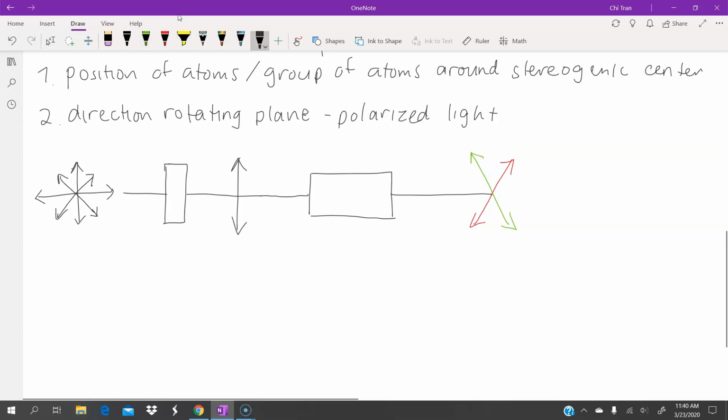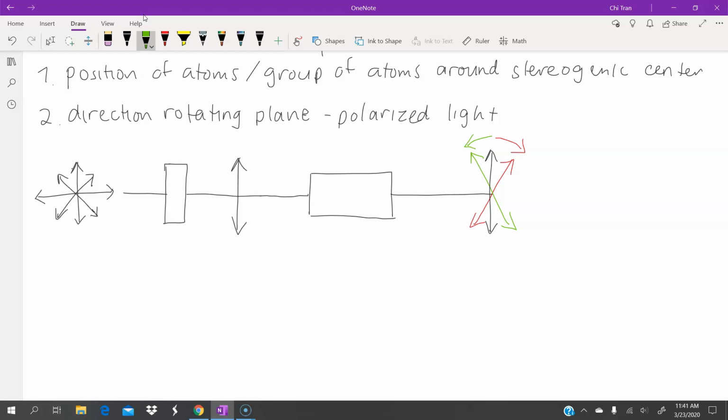So let's compare to the original light. So we can see that half of the sample has been rotated in a clockwise direction, and at the same angle, the other half of the sample has been rotated in the anti-clockwise direction.